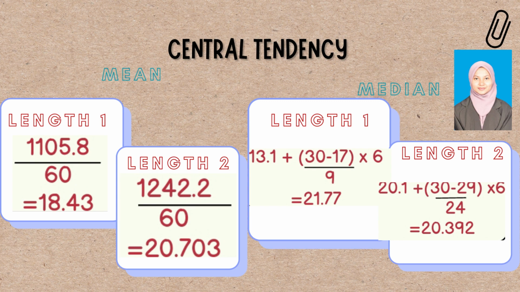And for line 1, 13.1 plus 30 minus 17 divided by 9 multiplied by 6, and we get the answer 18.43. And for line 2, 20.1 plus 30 minus 28 divided by 24 multiplied by 6, and the answer is 20.39.